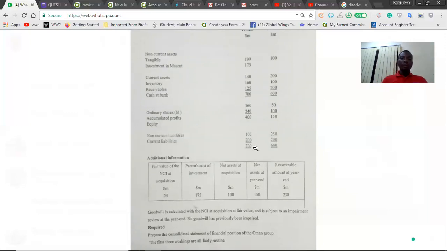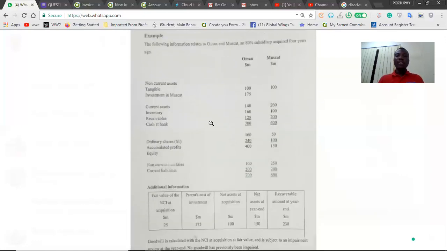Now, there are certain key things you have to understand over here. When we talk about fair value, what does it mean? Some of you might be hearing this word for the first time. The simple and short answer is that fair value is the market value. When we talk about the fair value of something, we mean: if today you were to sell that item on the market, how much would you sell it for?